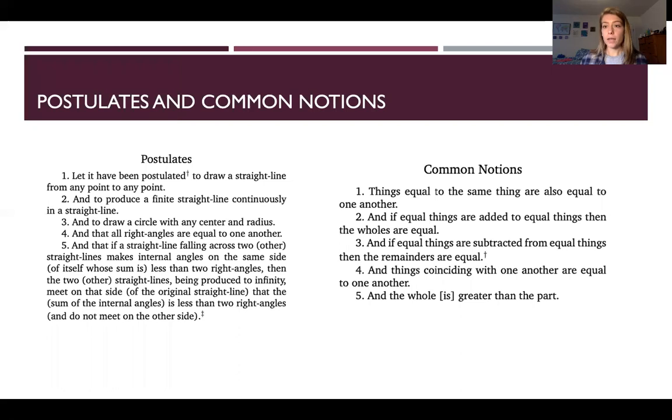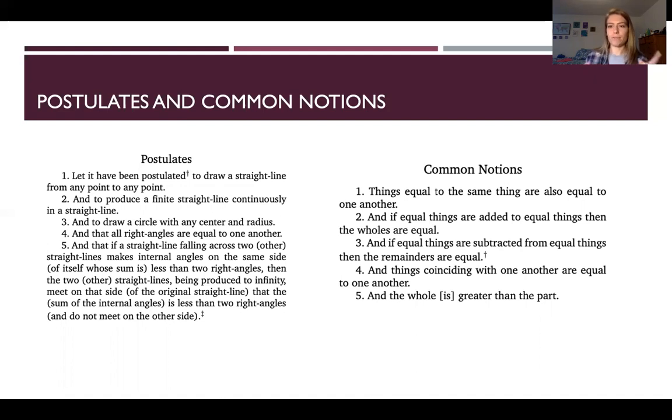His postulates and common notions are ideas that are like rules for the geometry he's working in. We could have different geometries that have different sets of rules, and they won't look like the geometry that you and I are used to. His postulates are those rules, and his common notions are things that are expected to happen in his geometry. For one, common notion number 1: things equal to the same thing are also equal to one another.